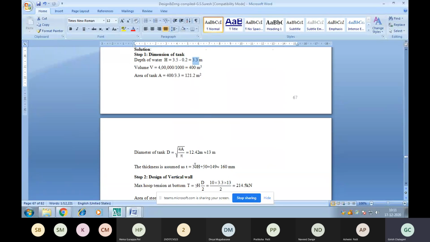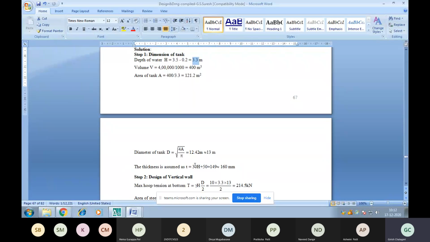Substituting 4 into 121.2 divided by pi, under root, we get the diameter of tank required as 12.42 meters, which we are taking rounded off as 13, or even you can take 12.5 meters as the diameter of tank, and we can draw it. So once the size of tank is fixed, we have calculated the size of tank. Height we knew is 3.3, and the diameter required is 12.4, and we are providing roughly 13 meters.